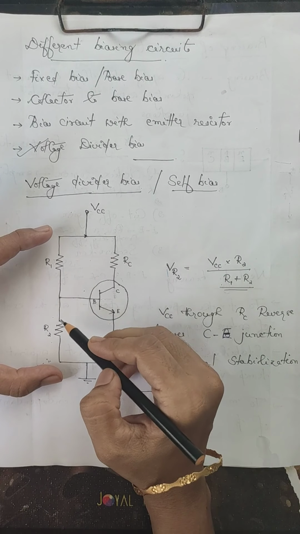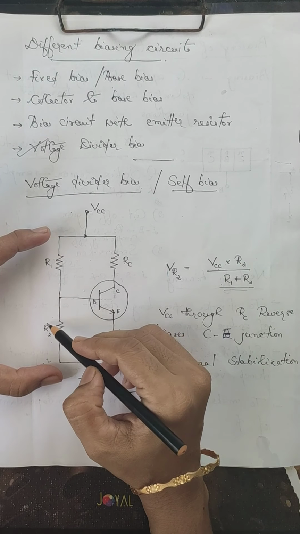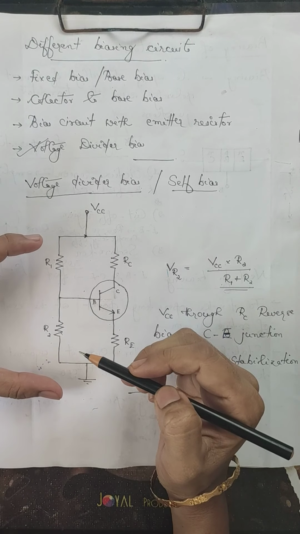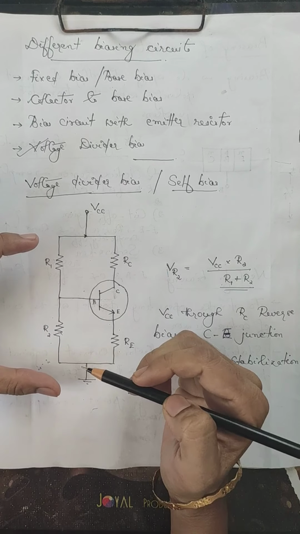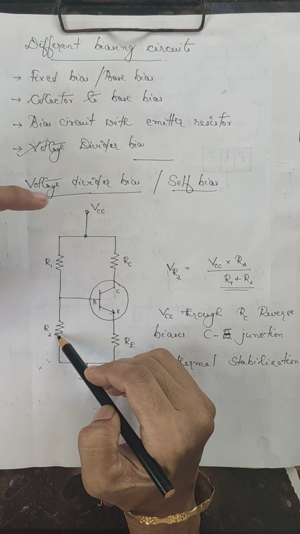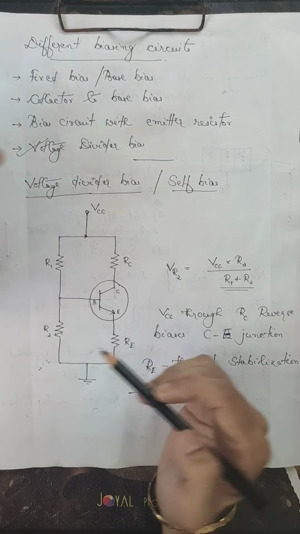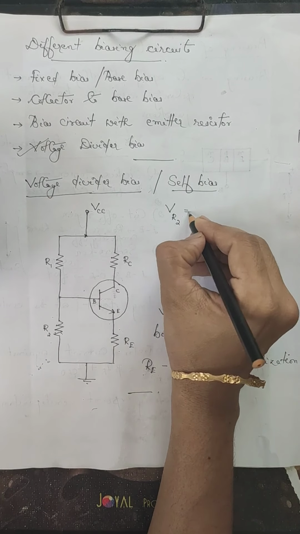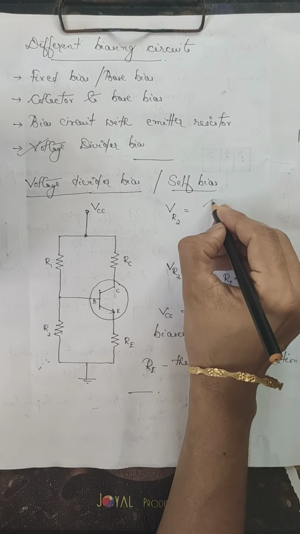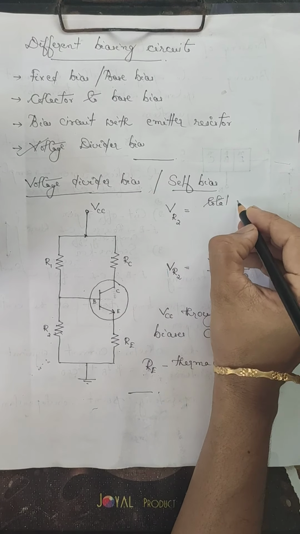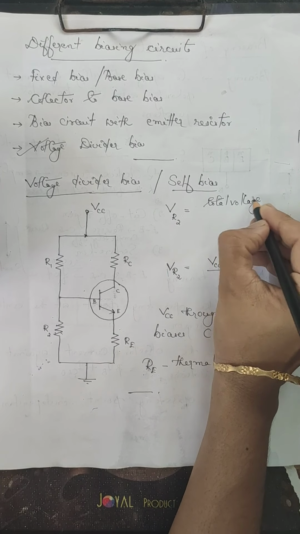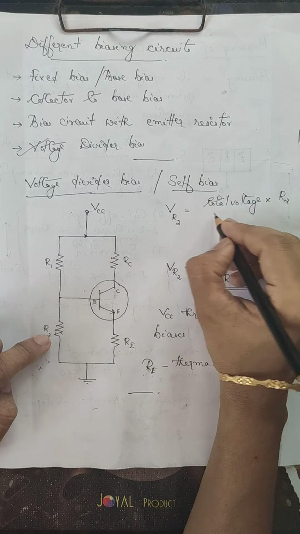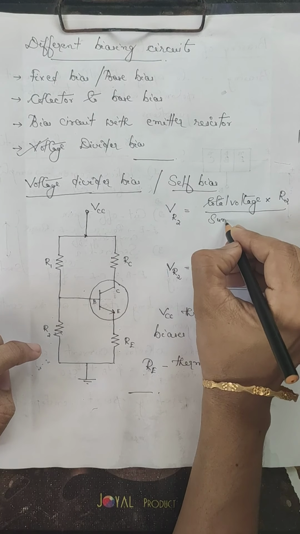So we know how to calculate the voltage across each individual resistor of a series connection. We can use the voltage division rule. R1 and R2 are in series and the total voltage across them is VCC. So voltage across R2 can be written as total voltage across the series combination into corresponding resistance, that is R2, divided by sum of resistances.